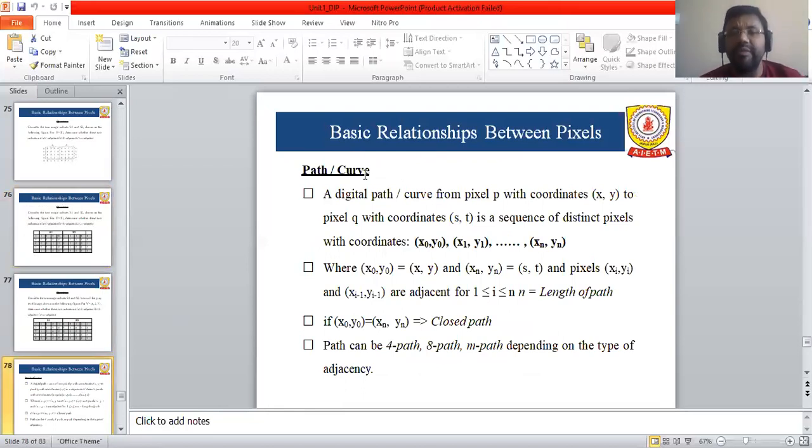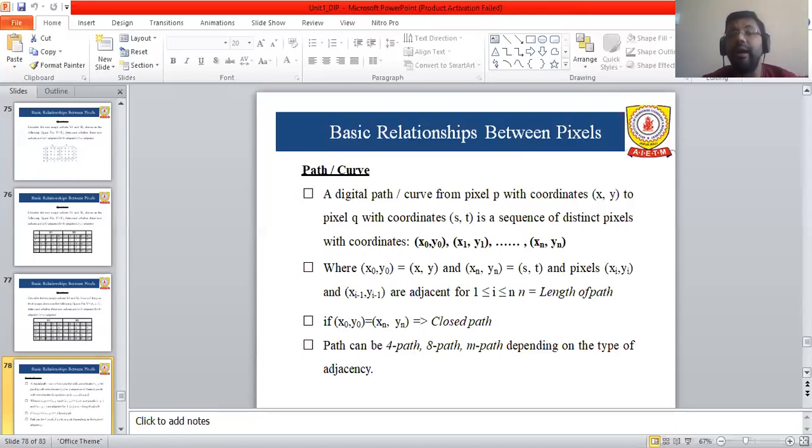Now, there is something which is path and curve. A digital path or curve from pixel P with coordinates x comma y to pixel Q with coordinates s comma t is a sequence of distinct pixels with coordinates x0, y0, x1, y1, up to xn, yn.